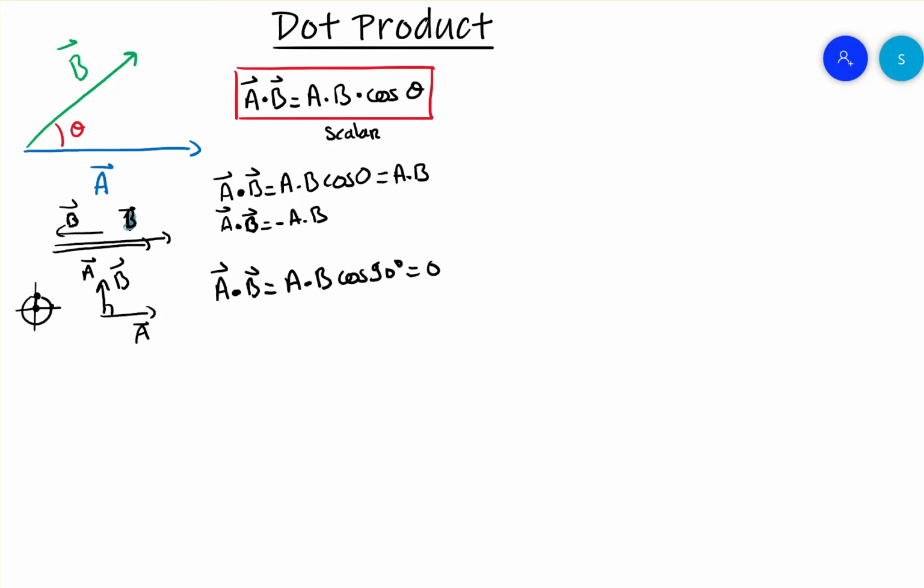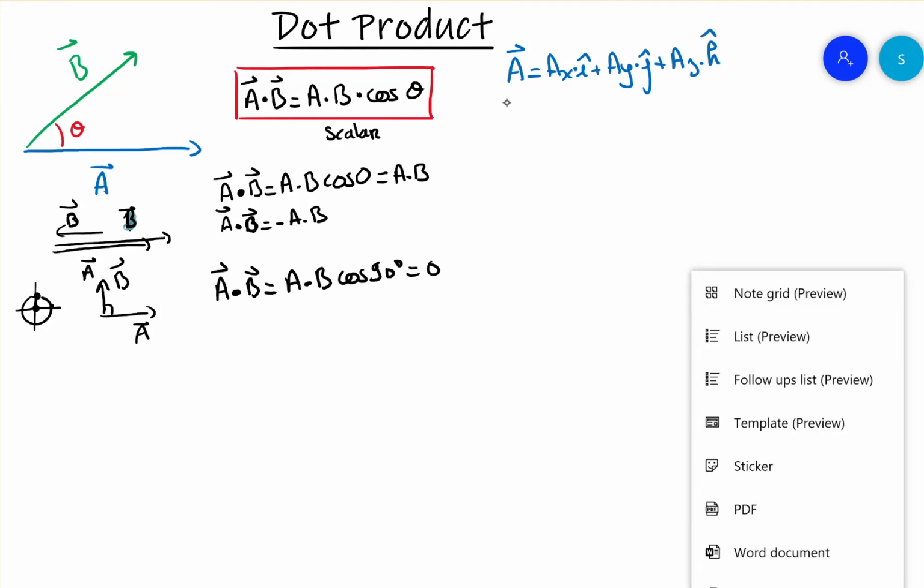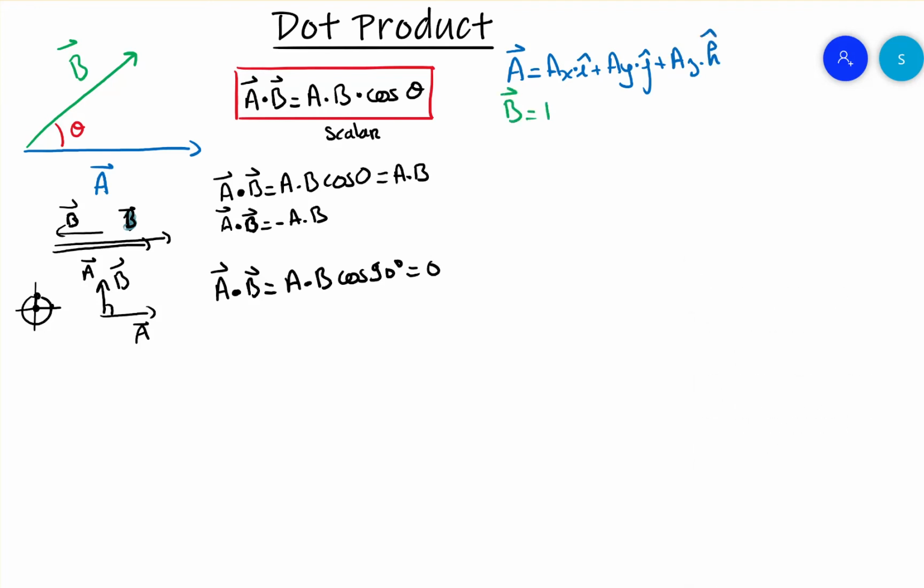Let's say we know A in Cartesian vector form, Ax i hat plus Ay j hat plus Az k hat, and we also know B: Bx times i hat plus By times j hat plus Bz times k hat. We know both vectors.